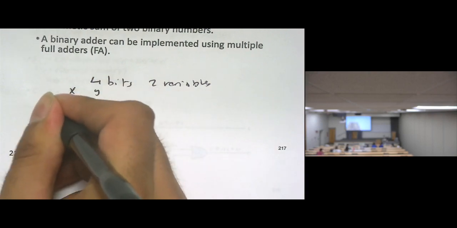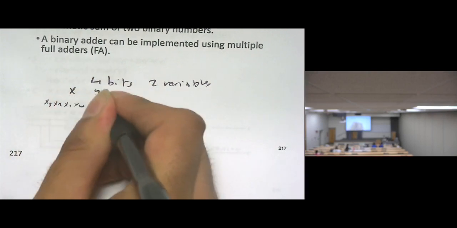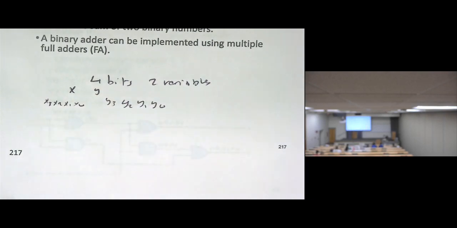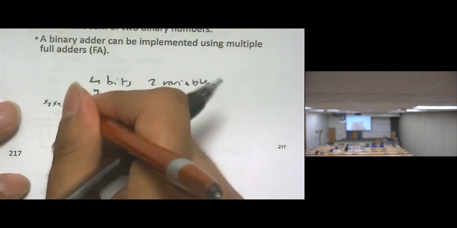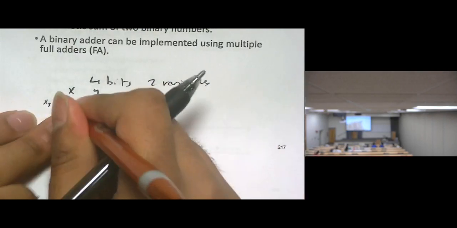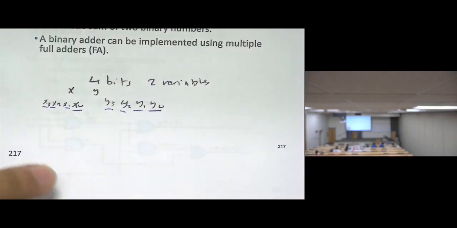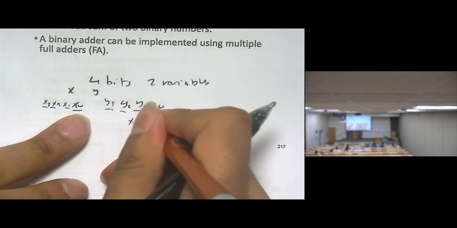I have x3, x2, x1, x0 and y3, y2, y1, y0. How can I make my adders? Is there a way to make it? Okay, let's see. We need to add x and y. x0 and y0. Add each bit individually, right? So I'm going to say x0 plus y0.